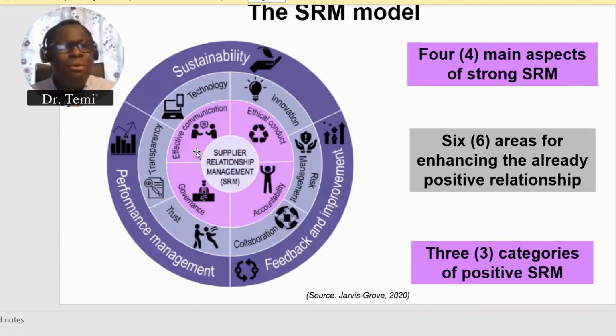You have free flow of information between the buying and the supplier organization. Without communication, relationship will be very weak. And this is not limited to supplier and buyer relationship. Even in individual relationship between spouses, relationship between friends, communication is very, very essential.